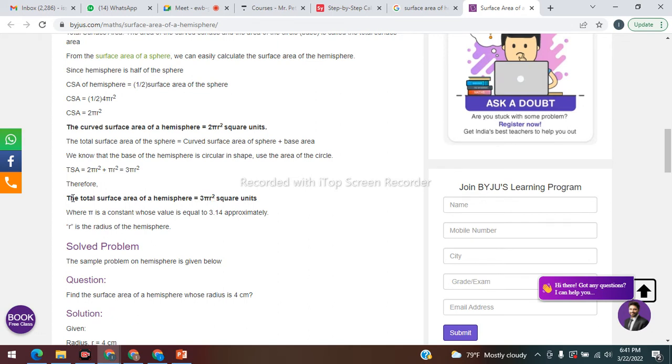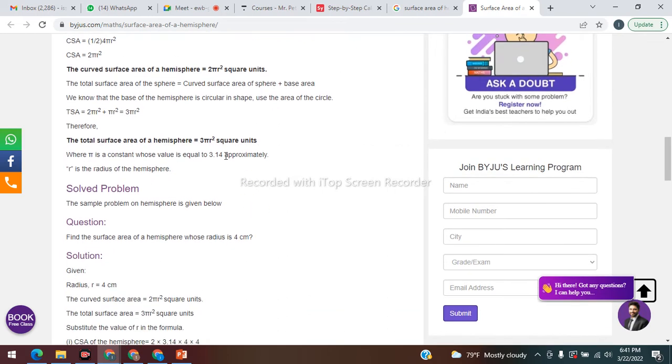Okay, the total surface area of a hemisphere is 3 pi r squared. That's what they tell us, so that's the formula we're going to use.